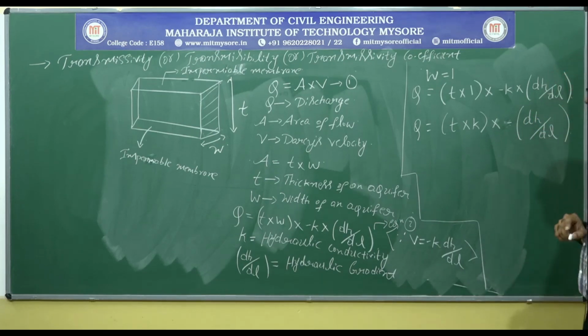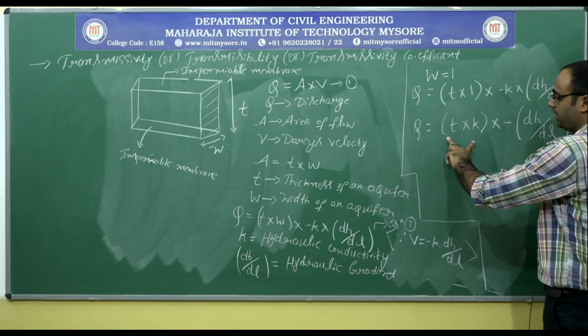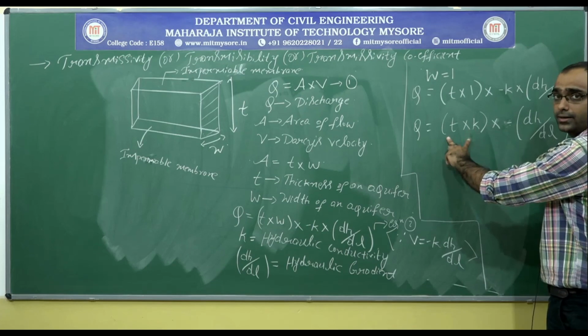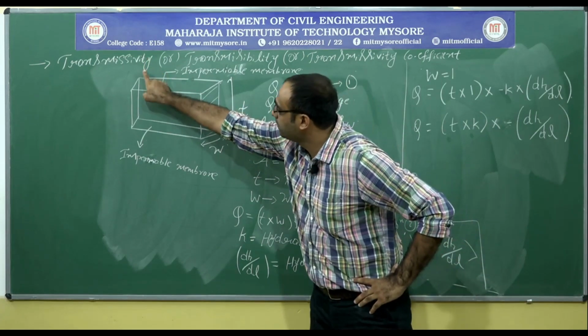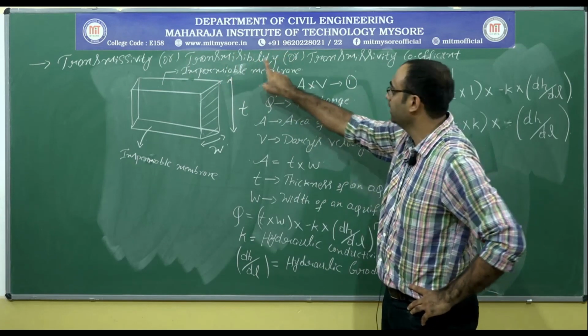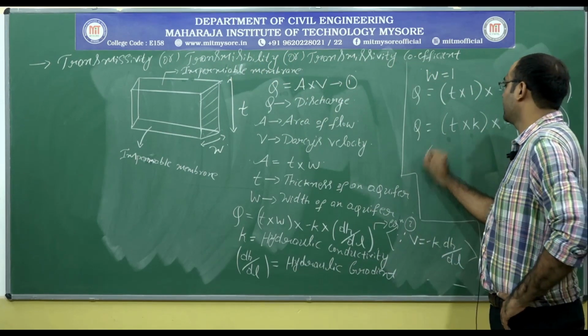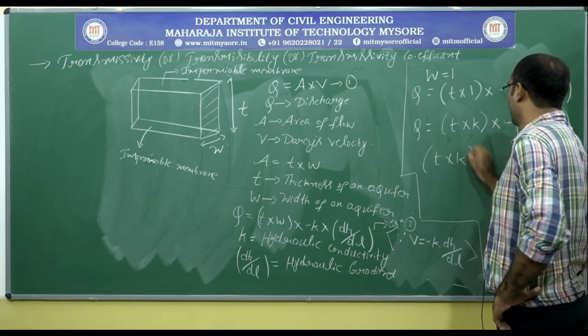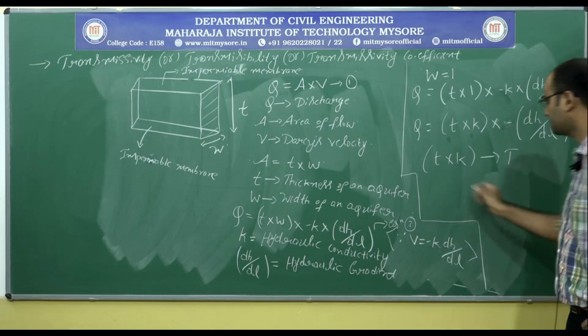Okay. So just observe carefully here, the product of thickness of the aquifer and the hydraulic conductivity is called the transmissivity or transmissivity coefficient, and it is indicated by the symbol capital T. Okay.